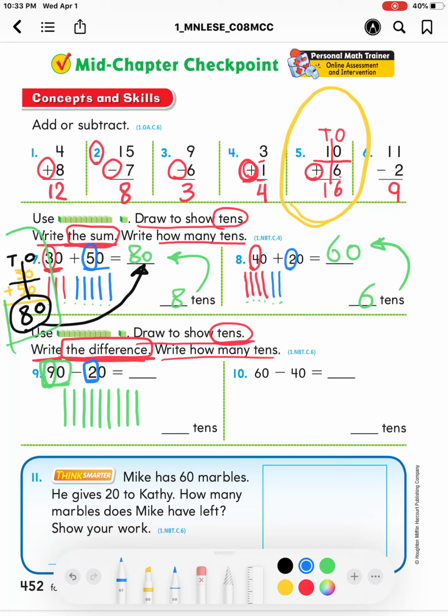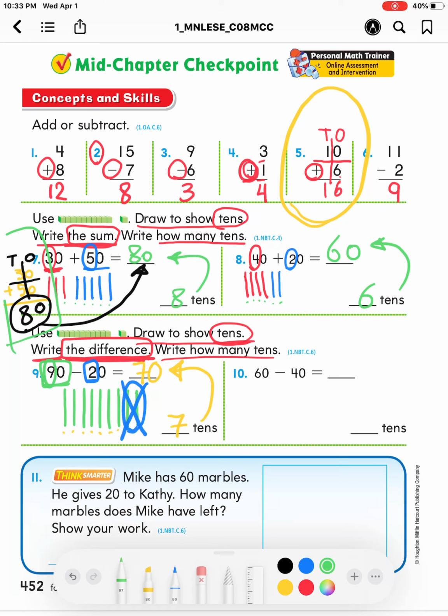So we will circle 2 tens. We have 1, 2. So we will circle those 2 tens. Cross them like this, make an X. And let's count how many tens are remaining. 1, 2, 3, 4, 5, 6, 7. So we have 7 tens, which means 70.